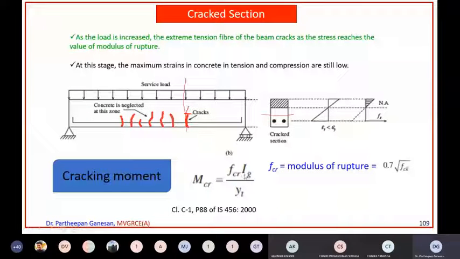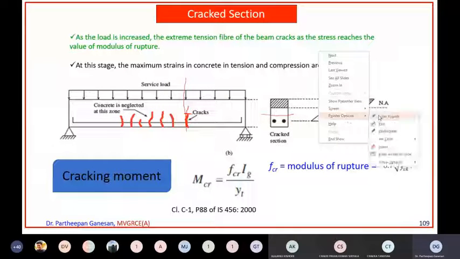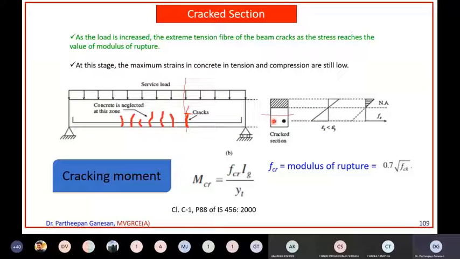So modulus of rupture is 0.7 times root fck. That is fcr. Ig: you remove the steel. I gross means you take this beam as an entire, entirely uncracked beam.